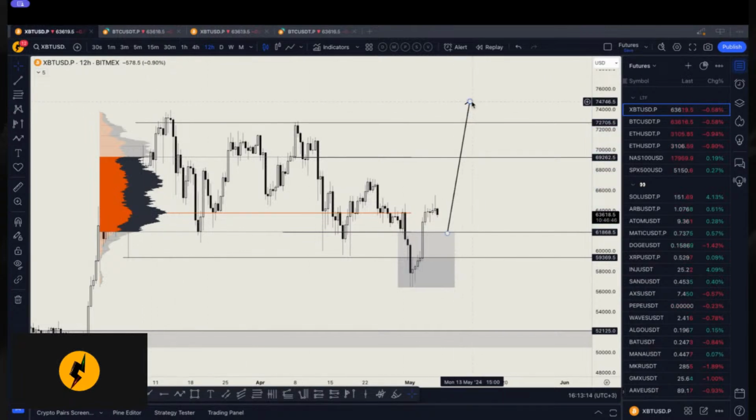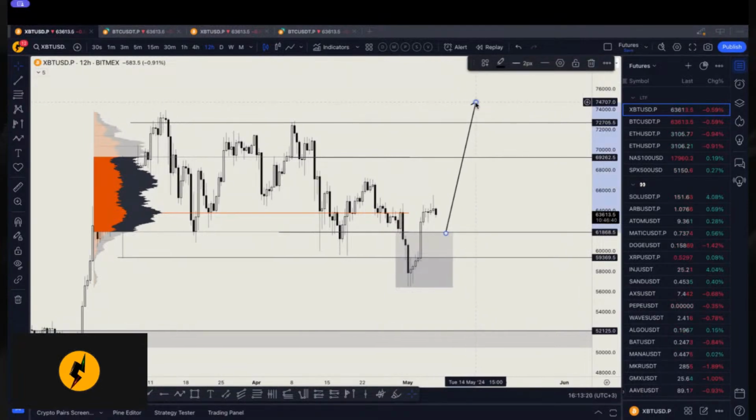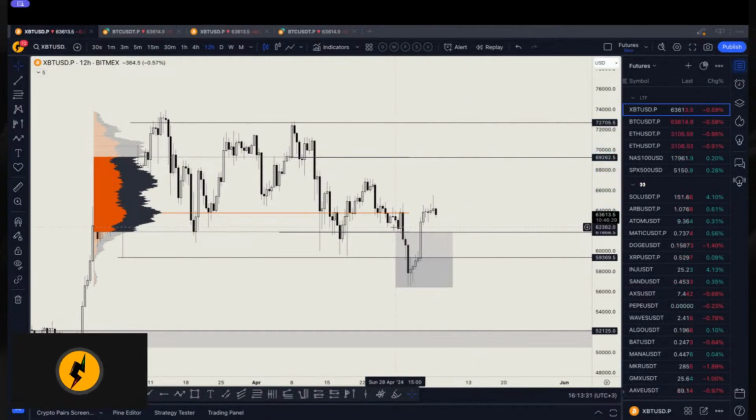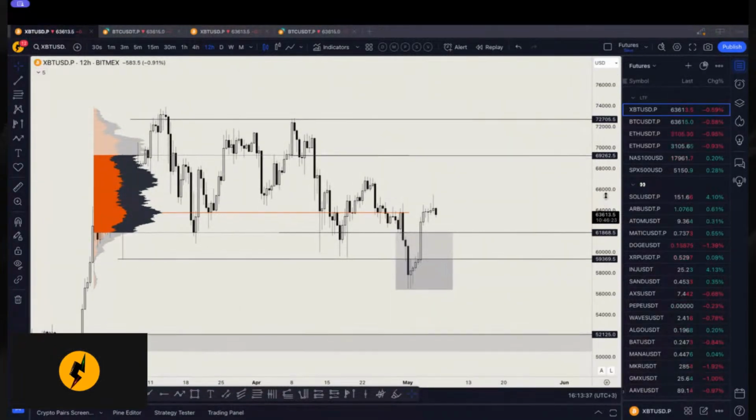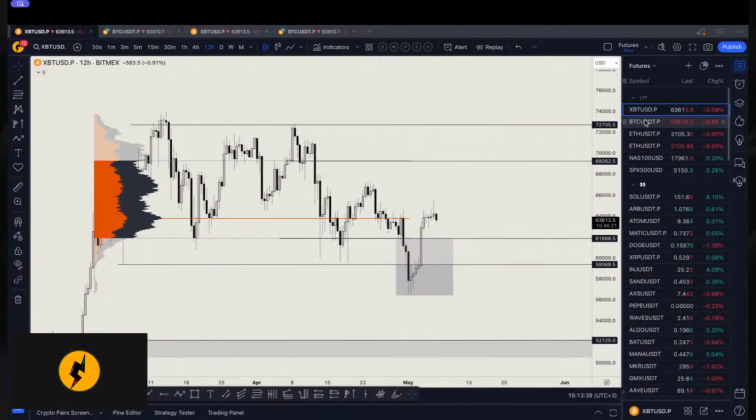But there's a good chance, if we found the players that we're looking for and get enough volume into the market, that we can make a new all-time high. But yeah, this is basically my explanation on the 12-hour time frame on BTC.